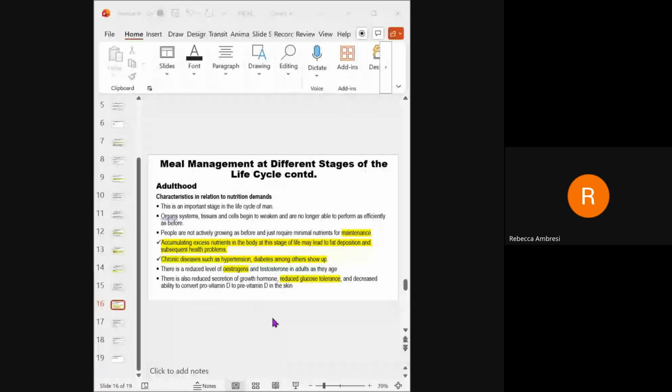Since most of us don't do vigorous activities, we shouldn't consume more calories compared to the adolescents. But even if you want to consume, you have to check your physical activities, your age and weight before you can plan your meals. Okay.